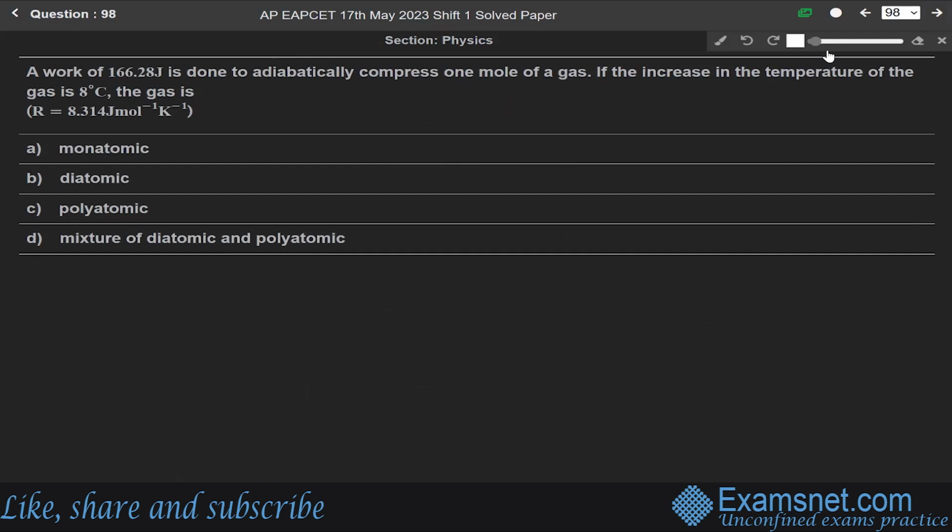Now next question 98. A work of 166.28 joule is done to adiabatically compress 1 mole of a gas. If the increase in temperature of the gas is 8 degrees Celsius, the gas is? This question is from the chapter of thermodynamics.